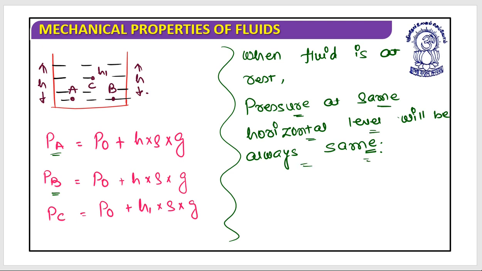We are going to prove this with the help of a law that we call Pascal's law. But even if we don't know what Pascal's law is and how it has been derived, we can make this observation: the first condition is that the fluid should be at rest. If it is at rest, then pressure at the same horizontal level will always be the same, and of course we are talking about the same fluid.